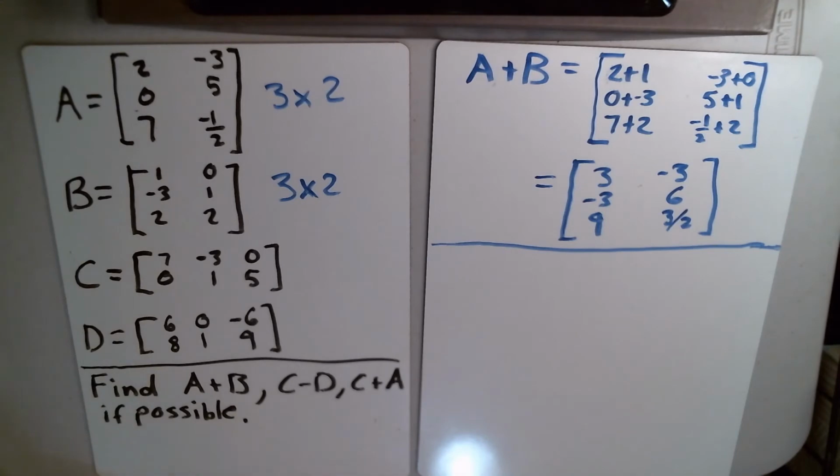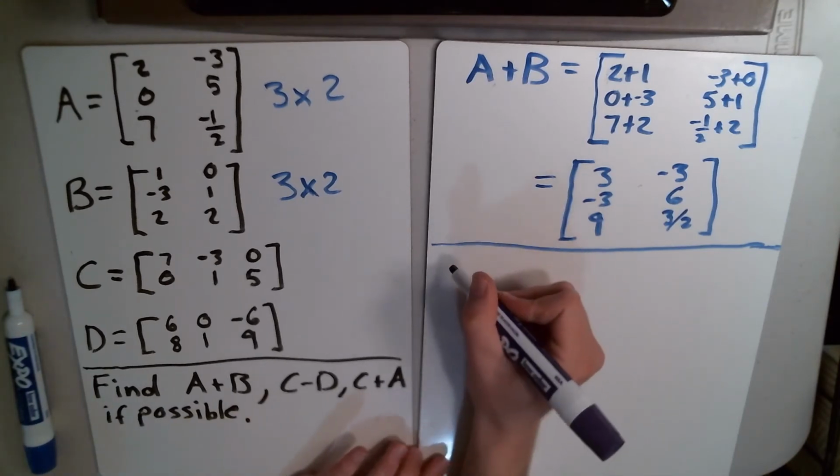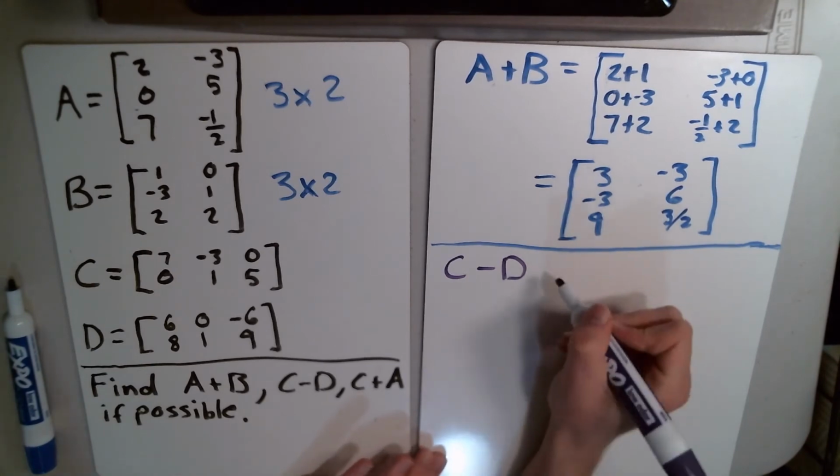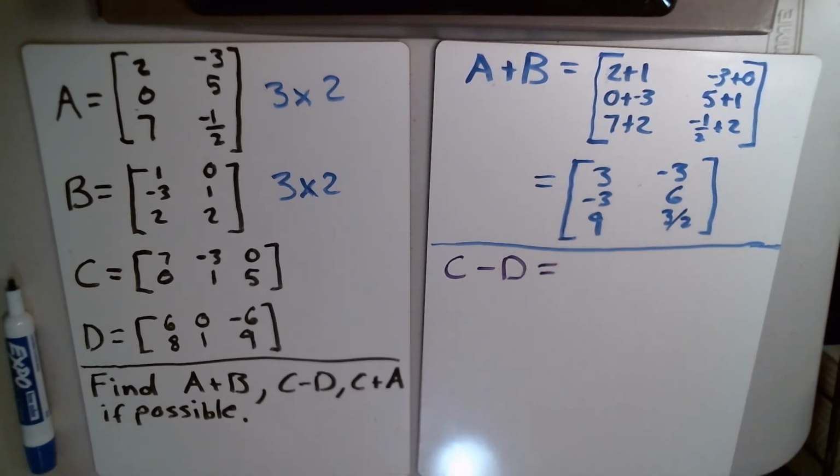What I want to look at next is one more example, except let's do subtraction now. Instead of adding, let's subtract. Let's say I'm going to do C minus D. What do I do? First, I want to make sure my two matrices are the same size.